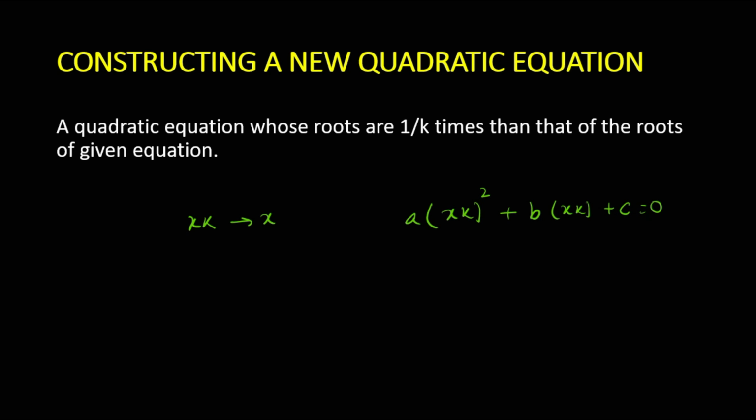This quadratic equation has roots which are 1 by k times the roots of the quadratic equation ax square plus bx plus c. So these are some transformations of the roots as per the quadratic equation. And here we also discussed the shifting of graph, how the graph is shifted rightward and leftward.